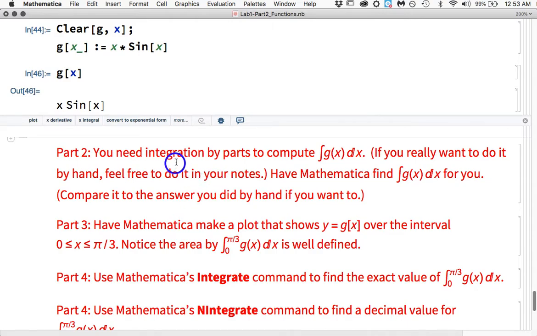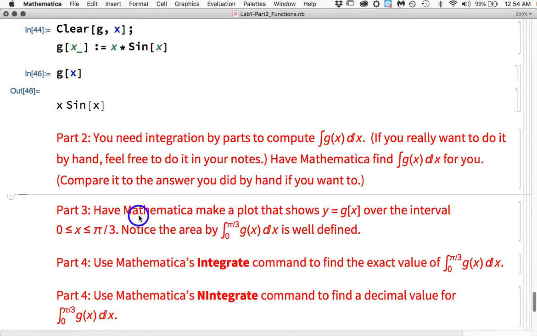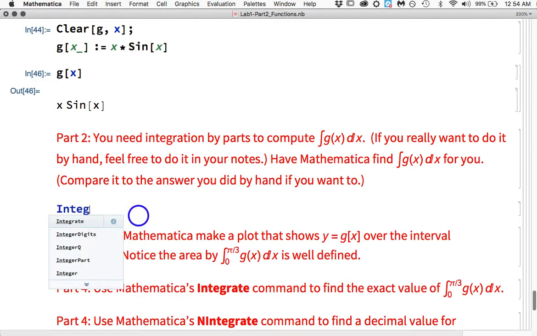Now, if you want to try and integrate x times sine of x by hand, you have to use integration by parts. And if you really want to do that, you can stop the video and you can do it in your notes. But I also want to have Mathematica find it for you. So in this particular one, I'm simply going to say integrate the function that I want to integrate.